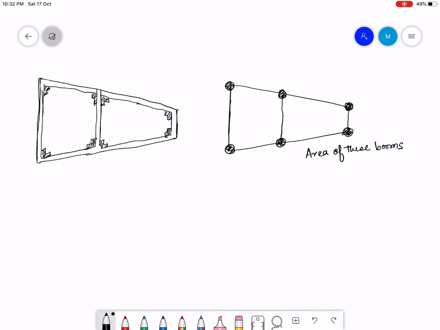Okay, so there is a symmetry about the x-axis.